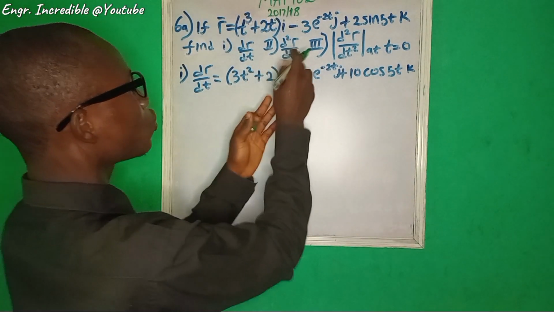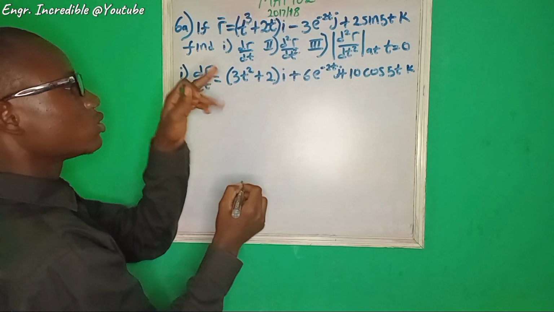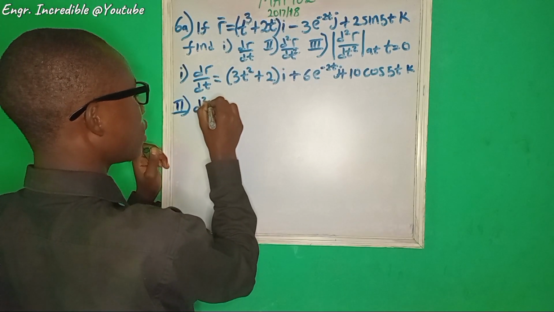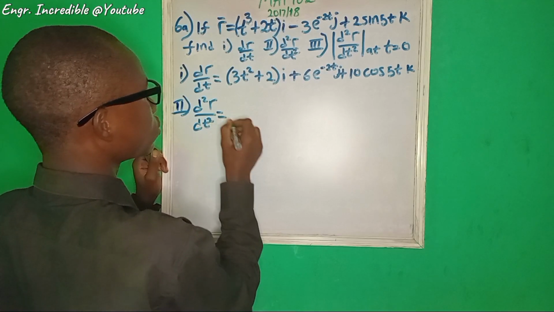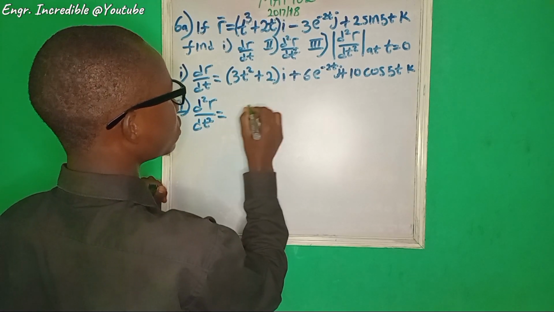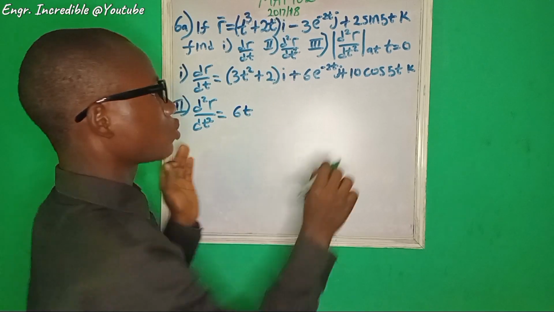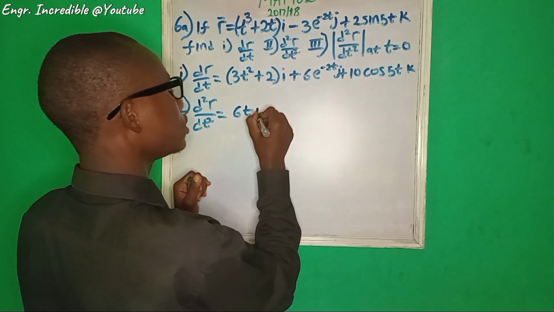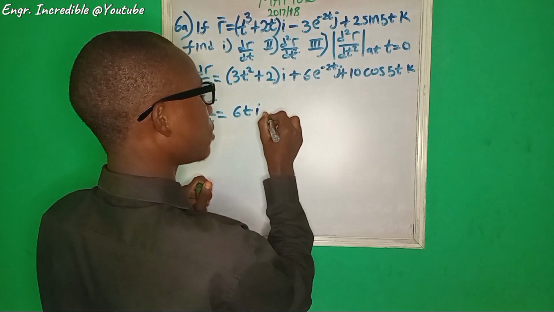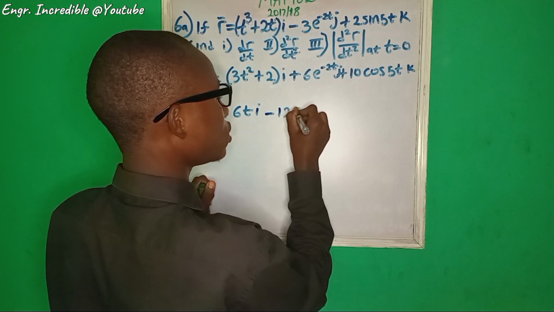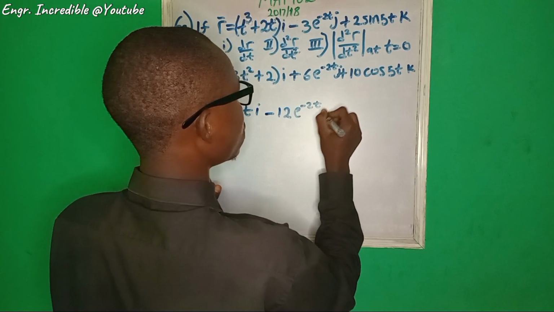Now for d squared r/dt squared, we are going to be differentiating this one again. So d squared r/dt squared is equal to, we have this as 6t. This 2 is a constant, so it becomes 0. 6t i plus minus 2 times 6, that is minus 12e raised to the power minus 2t of j.